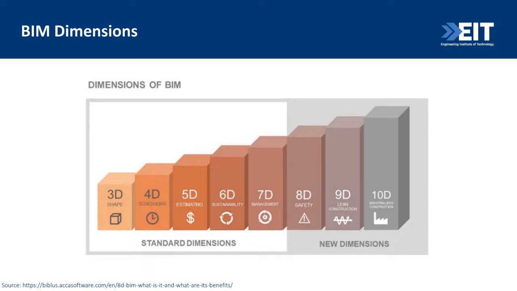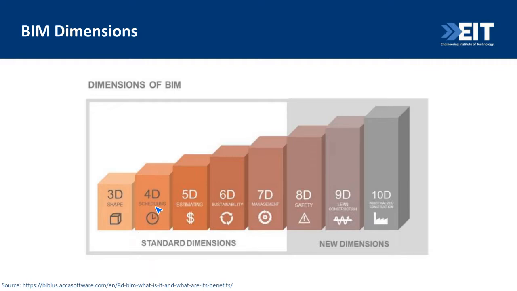So about the 3D BIM, this dimension combines graphical and non-graphical information to create 3D models and distribute that information in an accessible, traceable, and transparent way in which all stakeholders can work with the data produced.